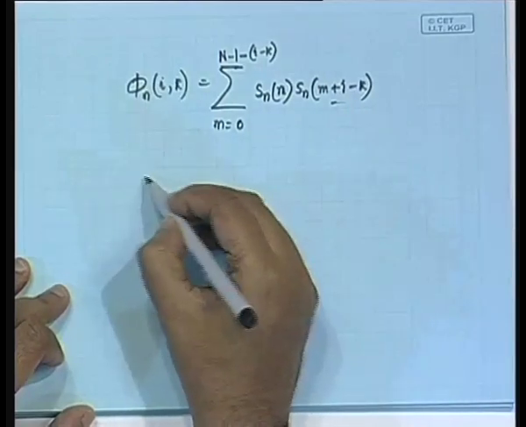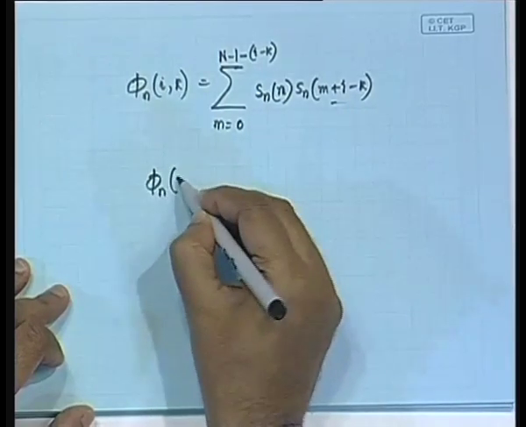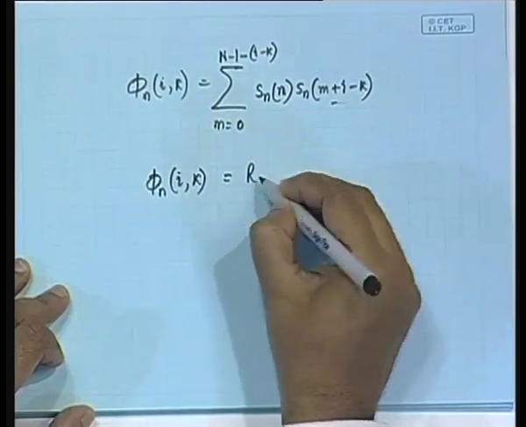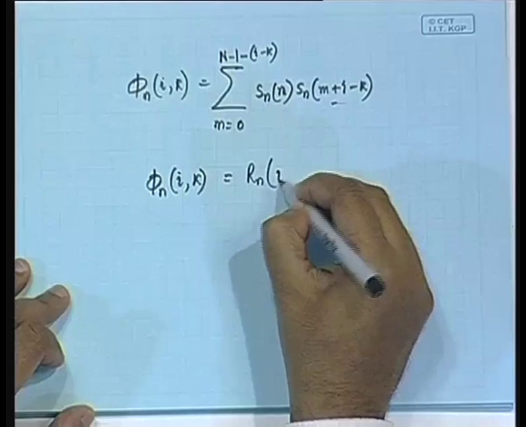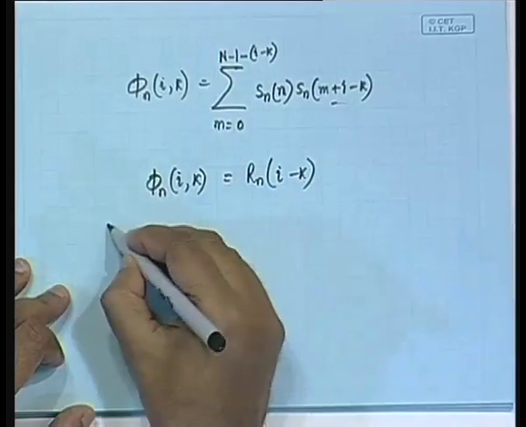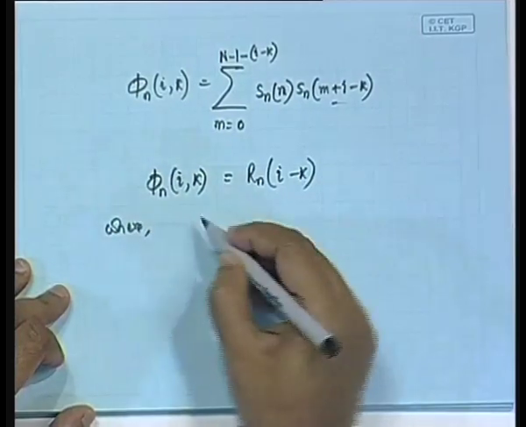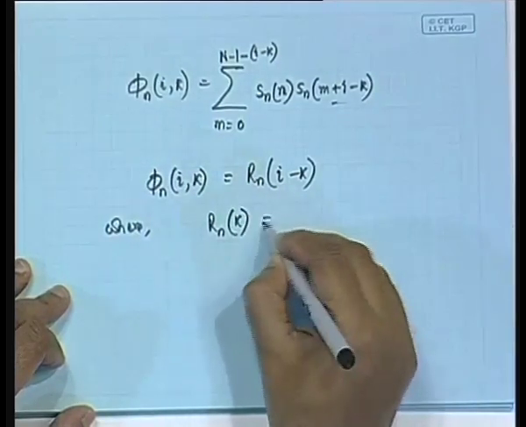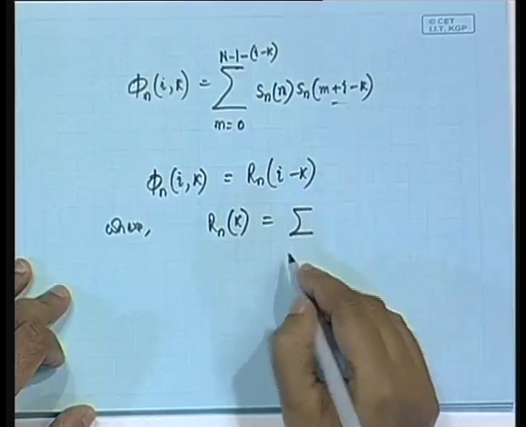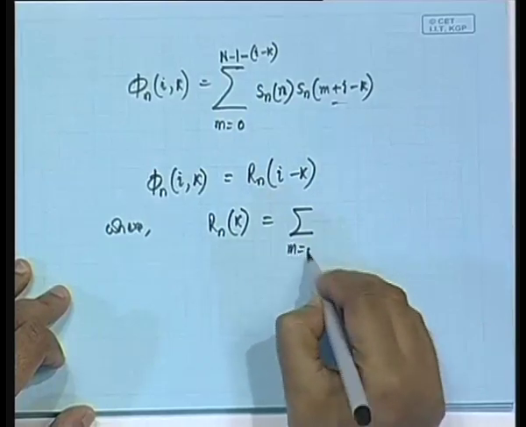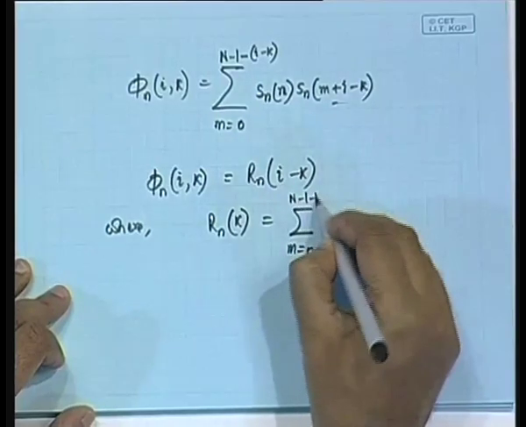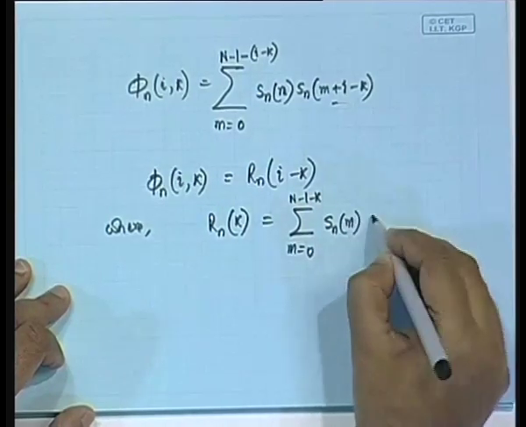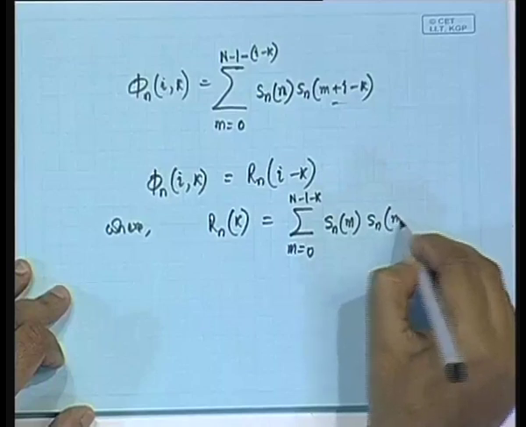So instead of phi_n(i,k) I can write it as R_n(i minus k), where R_n(k) is nothing but the summation m equal to 0 to N minus 1 minus k of S_n[m] into S_n[m plus k].